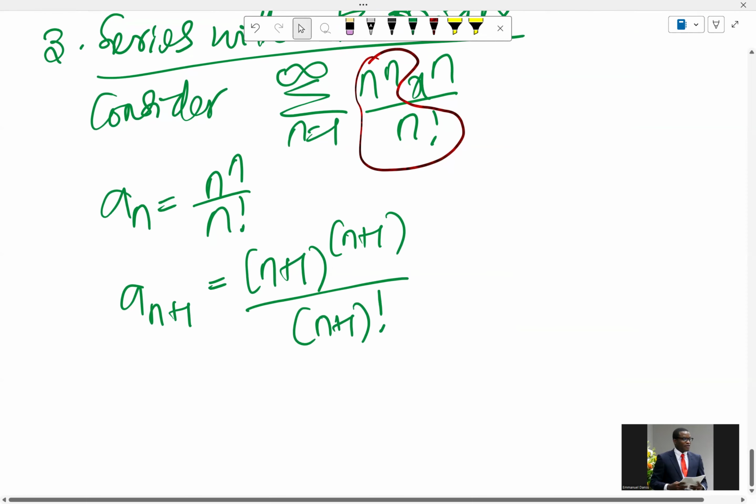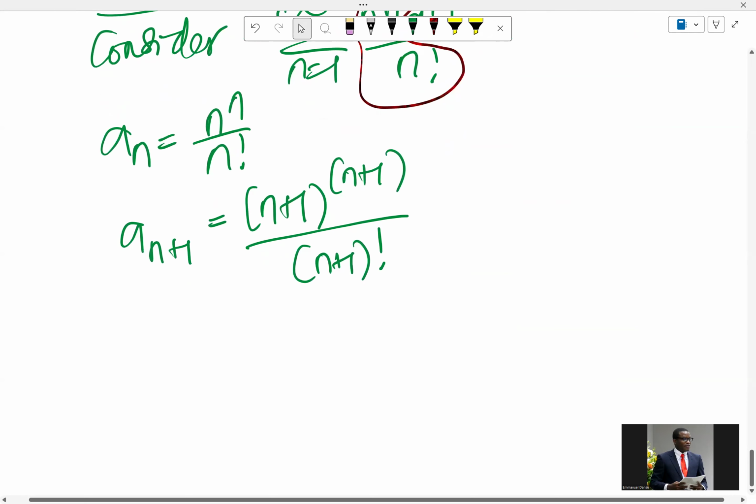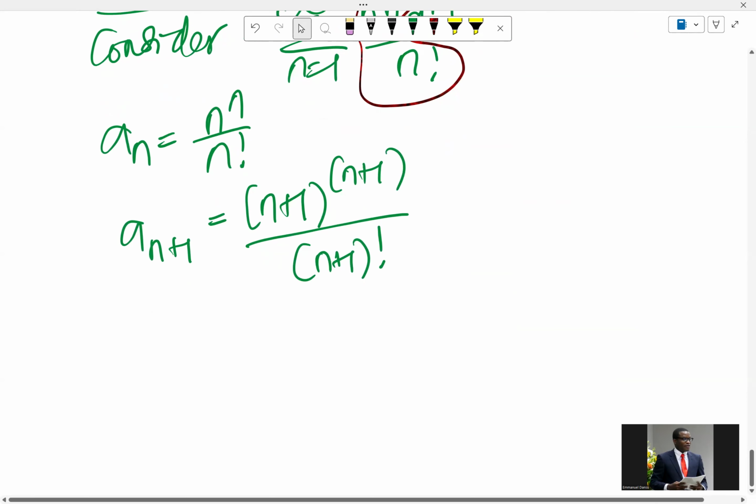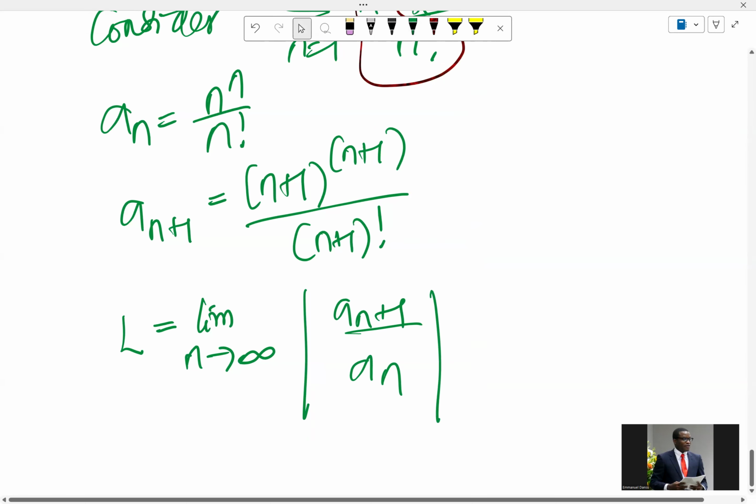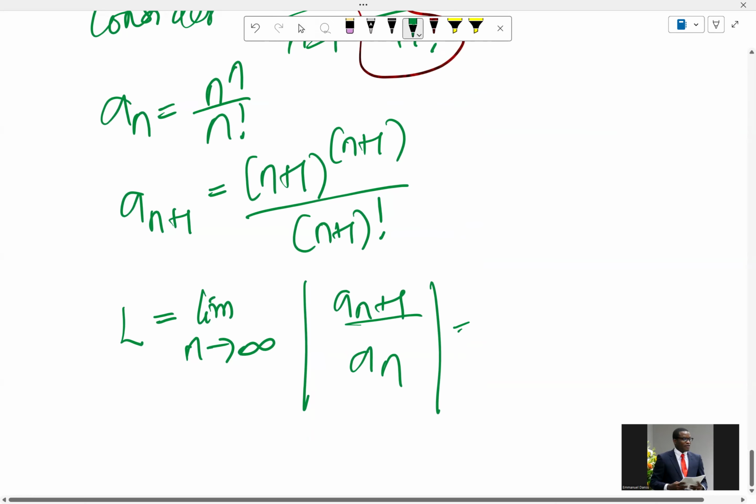Okay, so you can now have the limit. So you have the limit, that's your L now. So you have L, which is equal to the limit as n approaches infinity of a_(n+1) all over a_n. So, this time we can go straight so we don't keep dancing around.